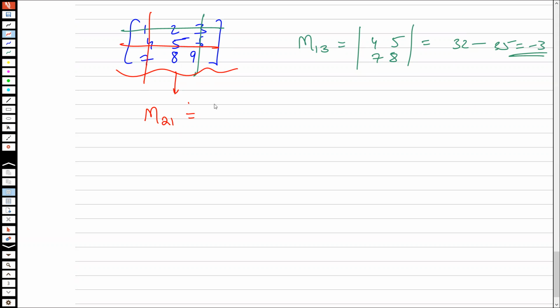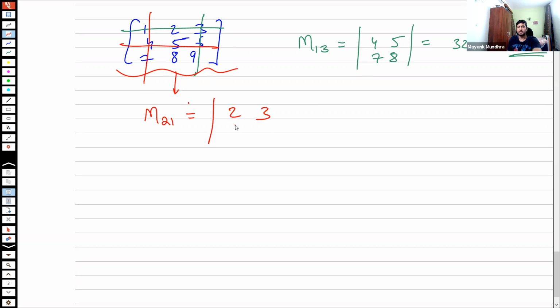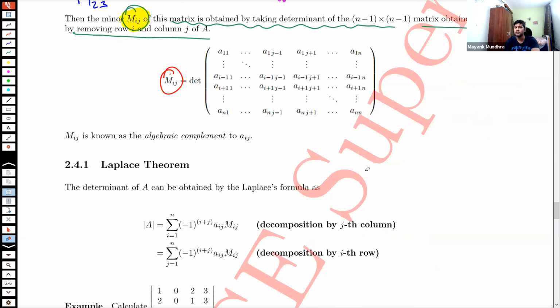So what I'll be left with is the determinant of 2, 3, 8, 9. So that is going to be 2 9s are 18 minus 3 8s are 24. So that is equal to -6. So that's the minor of 2,1. So that's how you find your minors.